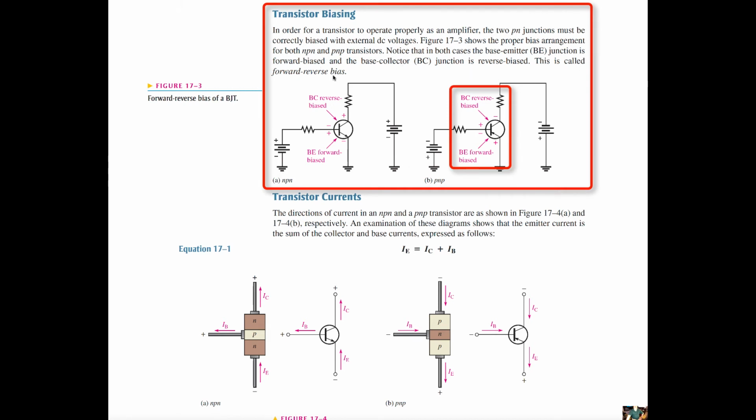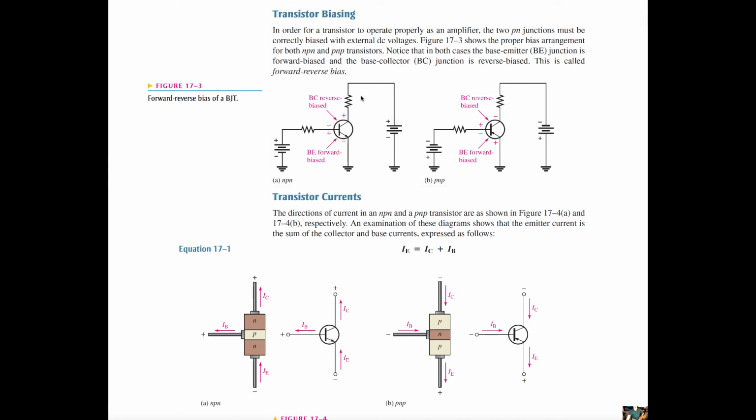This is called forward reverse bias. So if you look at the diagram here, you can see the setup. You notice the biasing: base collector, reverse bias, negative positive. On the base emitter, forward bias, positive, negative. Okay, just the reverse on the PNP.